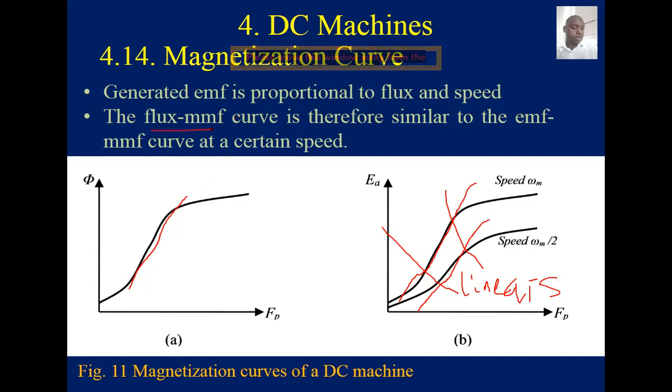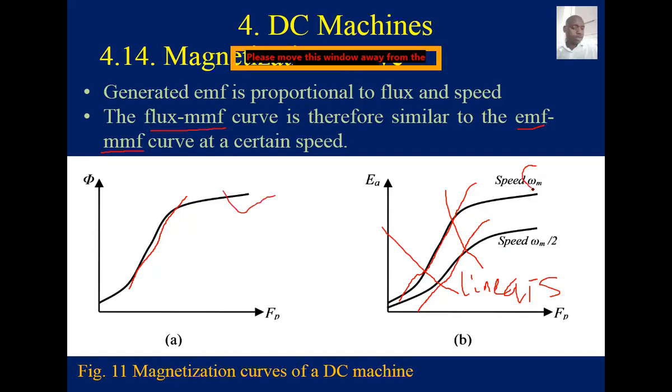Now, the flux MMF curve will be similar to the EMF MMF curve, because we've said the flux will be linear, and hence there will be a linear relationship between the flux and the EMF, and hence we have a linear curve. So you can see that this curve and that curve are the same.